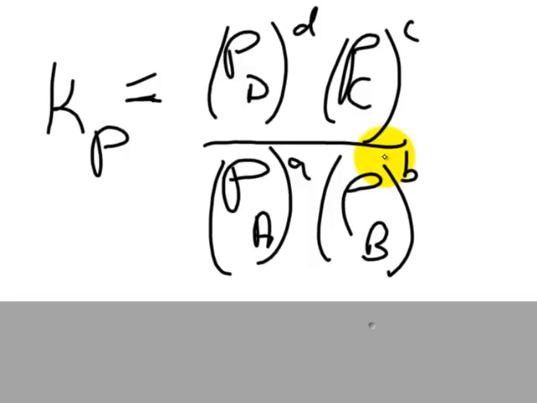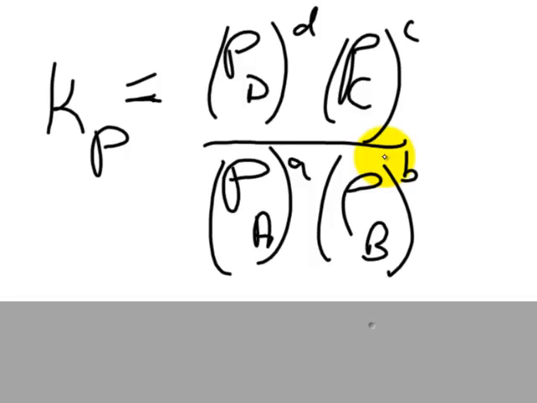Now it is possible to convert between Kp and Kc using the ideal gas law. And yes, the ideal gas law is rearing its ugly head in this chapter, so make sure you review those.